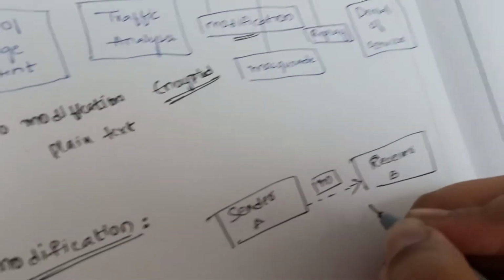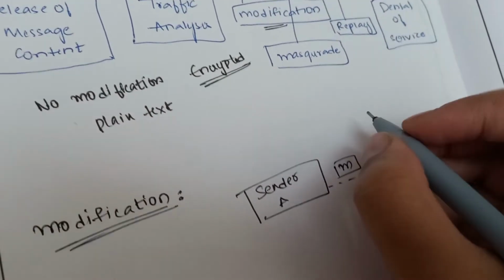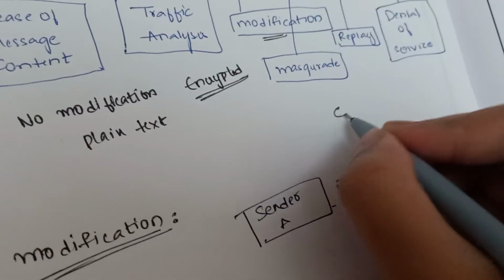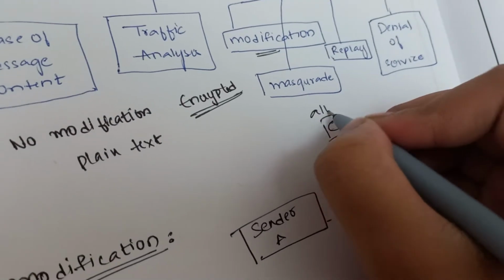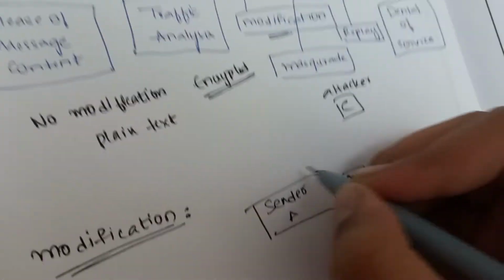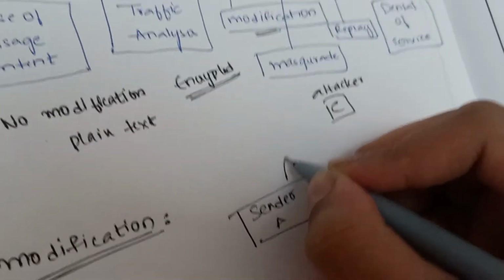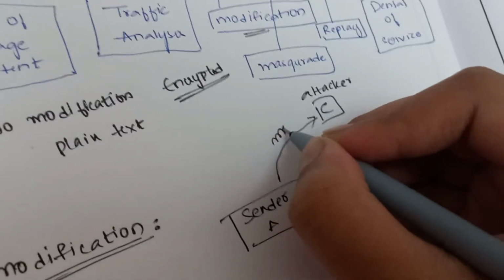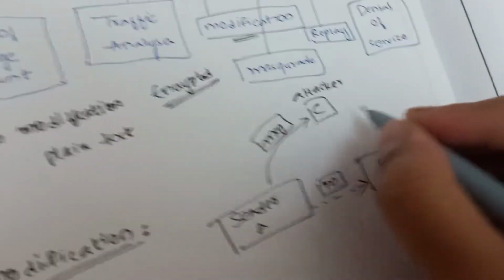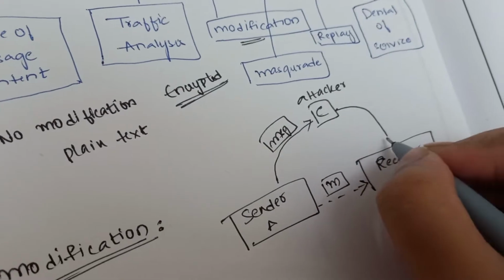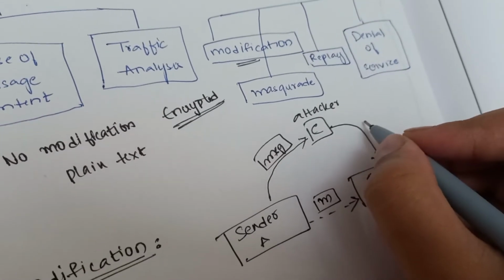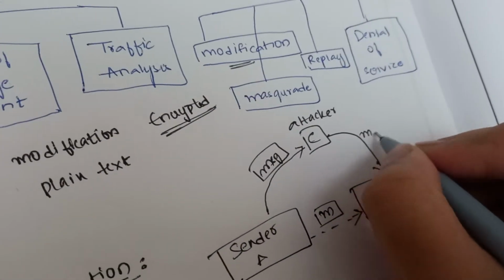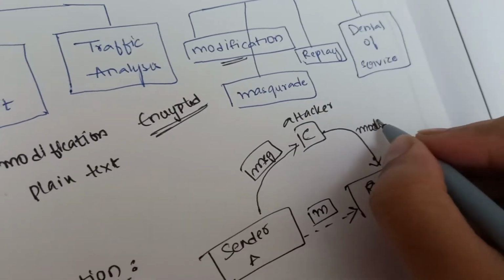But in reality, under the modification attack, there is an attacker C. The message is sent from sender to attacker, and the attacker finds it and modifies the message, and the modified message is sent to the receiver.